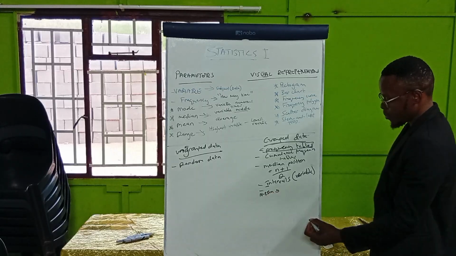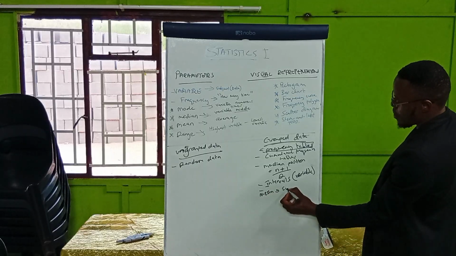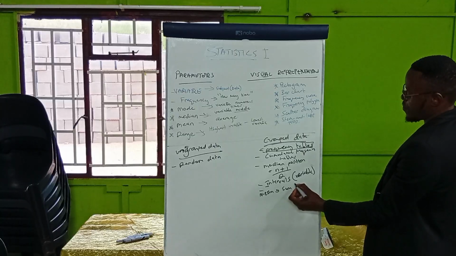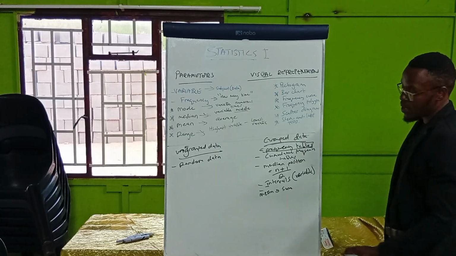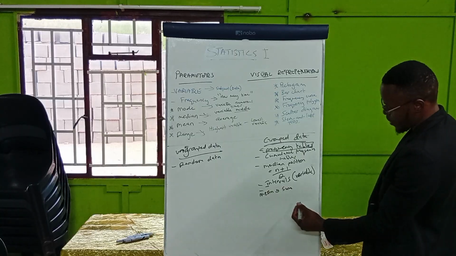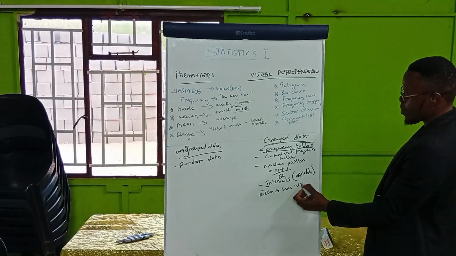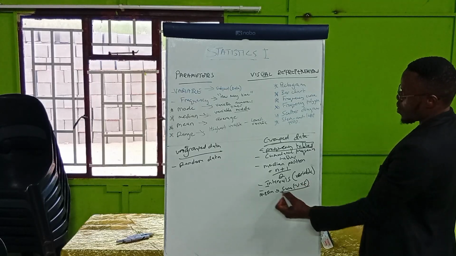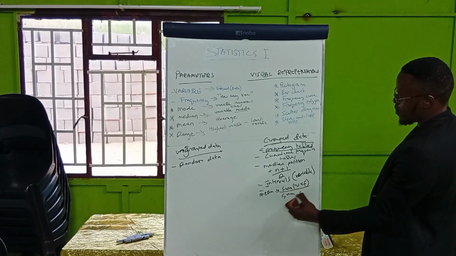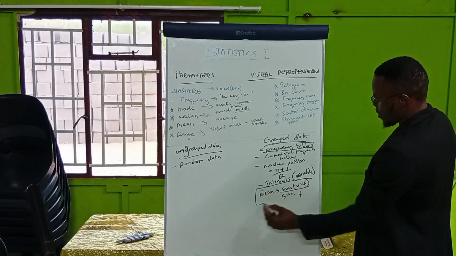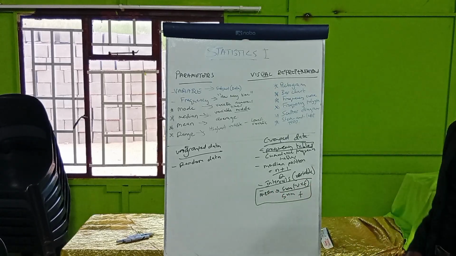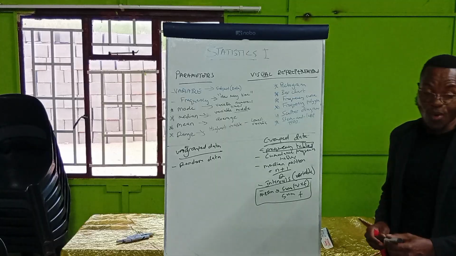There are two, in fact. The first one is the sum of the variable times the frequency all over the sum of the frequency. So this is the one that we're going to use for our group data, for the core curriculum.